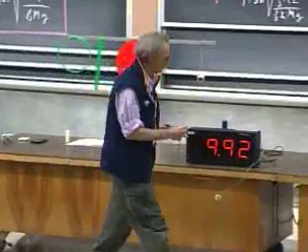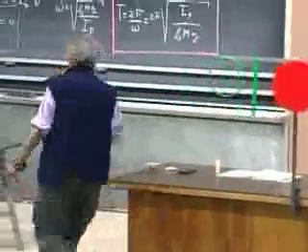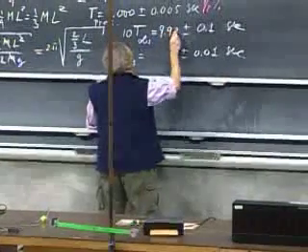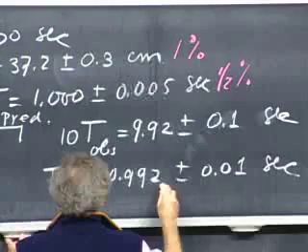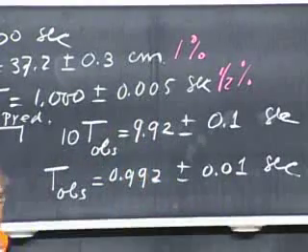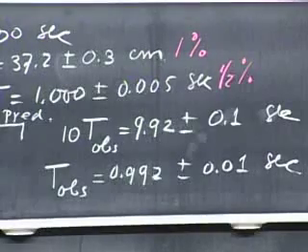Not bad. 9.92, well within the prediction. And so this becomes 0.992 plus or minus 0.01. And you see that is well within the prediction that I made.